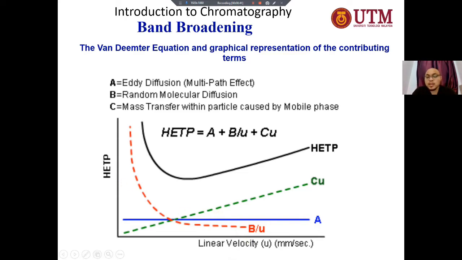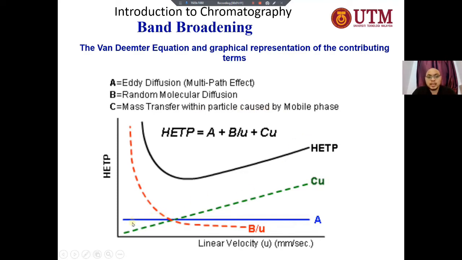Again, the lower the HETP, the better it is. Here we have A, B, and C. A is for eddy diffusion or multiple path effect. B is random molecular diffusion. And C is mass transfer within the particle caused by the mobile phase.